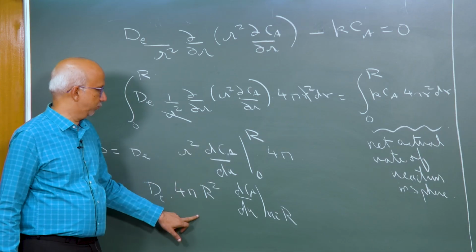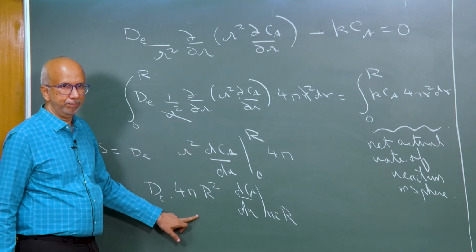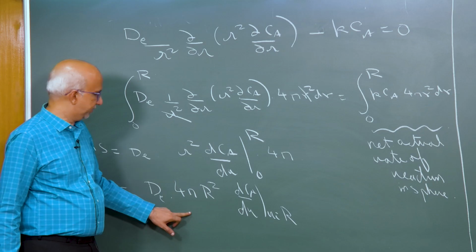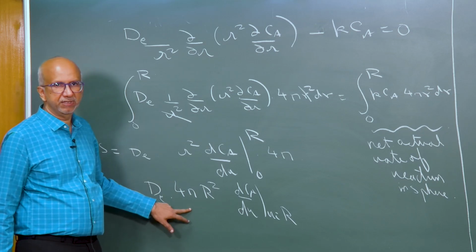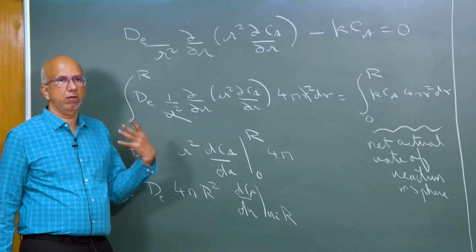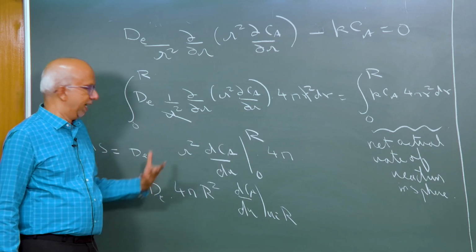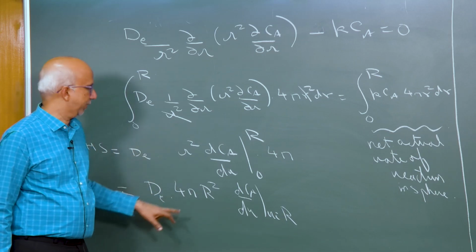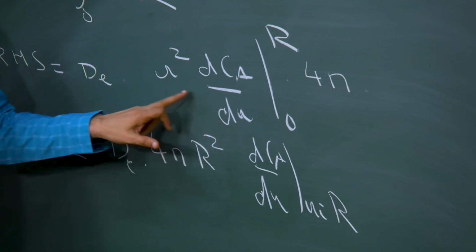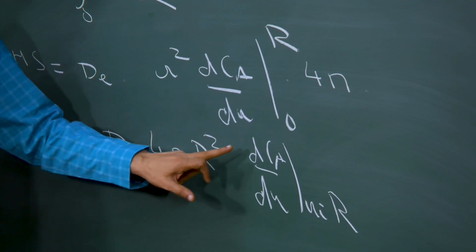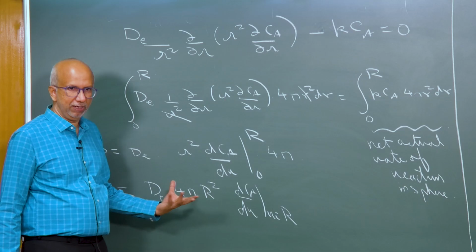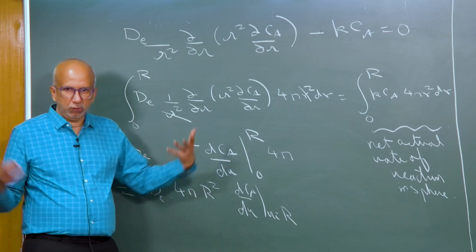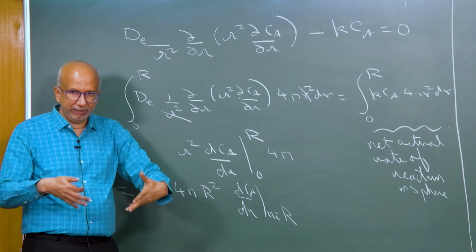So, this simplifies to only one term. This term here represents the diffusive flux of species A into the catalytic pellet. Okay. This is the surface area 4 pi r squared, D_E times dC_A by dr is the diffusive flux, and so this tells you the total amount of species A entering the pellet.